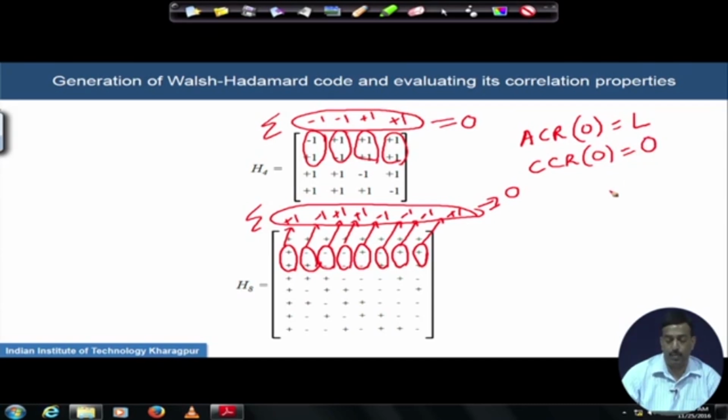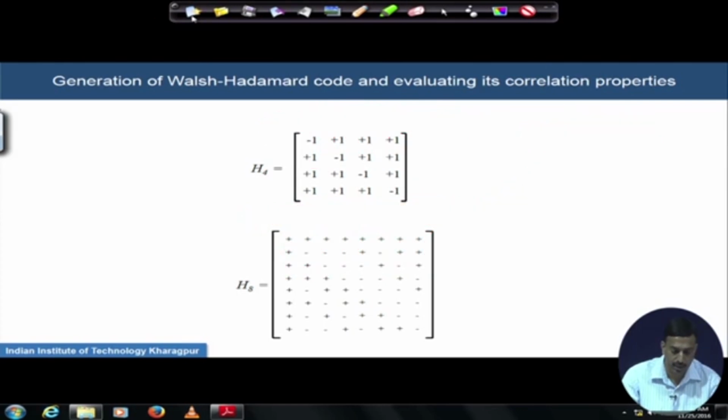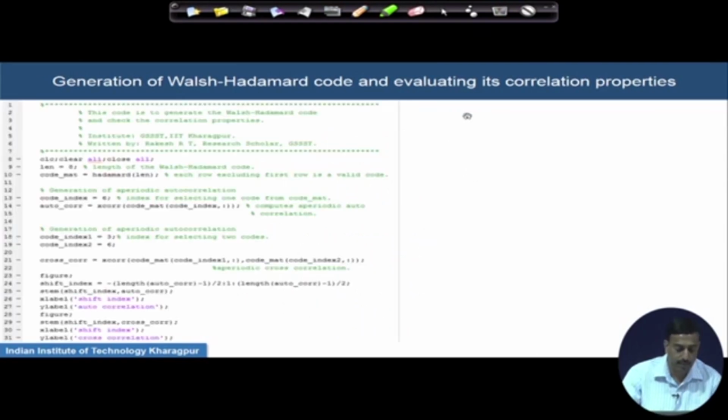So these are two properties that we see straight away, and the rest of the task now is to verify this and also find autocorrelation and cross correlation for various values of lag, and then plot it. So let us have a look at it, but before that let us see the program that we use in order to plot these values.